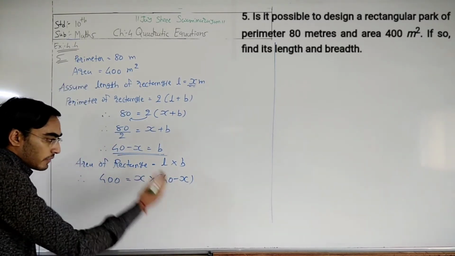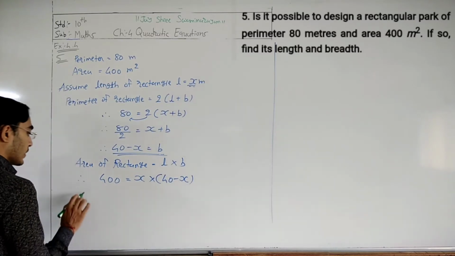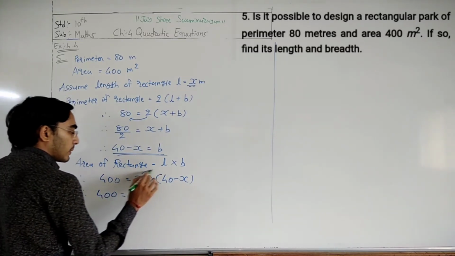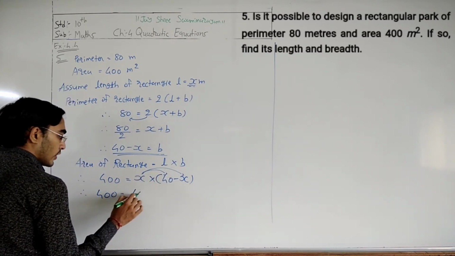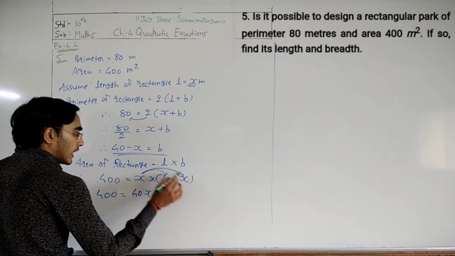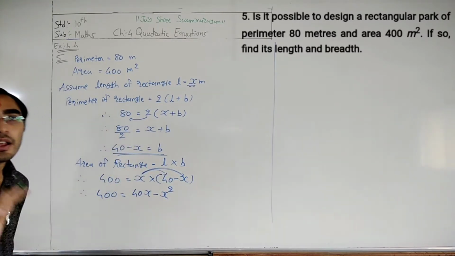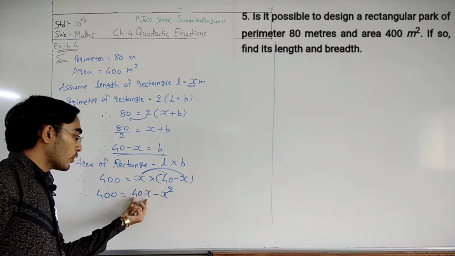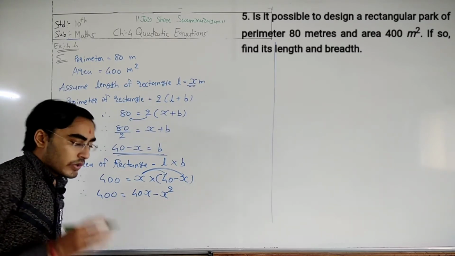Now from here we need to find the quadratic equation. First of all, 400 as it is, multiply x with this bracket. So x multiplied by 40 gives 40x, and x multiplied by x square gives minus x square. So 400 is equal to 40x minus x square.